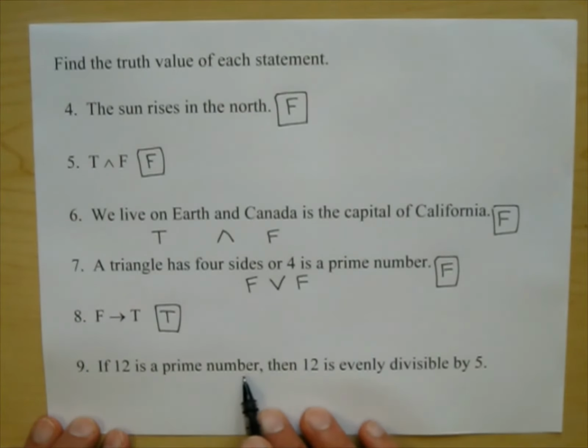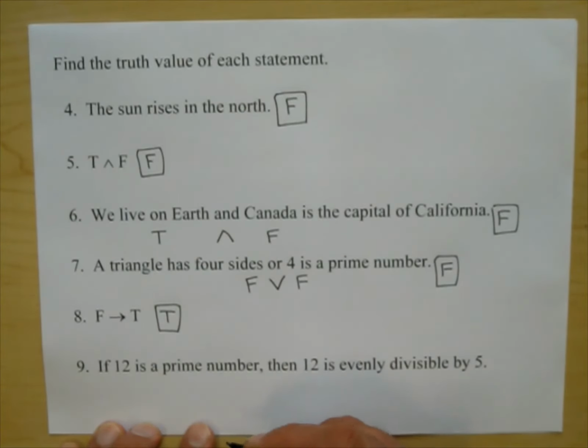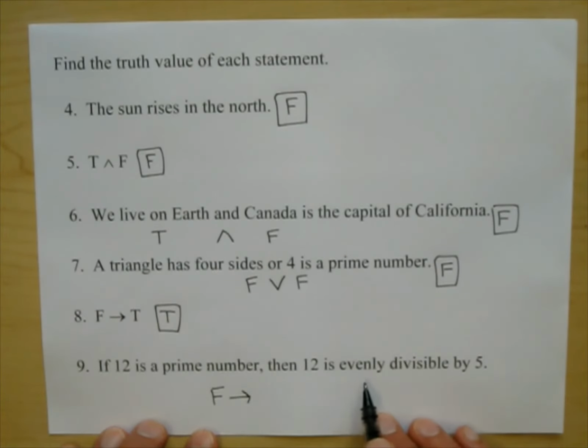If 12 is a prime number, so we already went over prime numbers have only 2 divisors, and 12 has more than 2 things that go into it. So this is if false, then, now we already know what the answer is going to be because we have an if false, but let's continue. Then 12 is evenly divisible by 5.